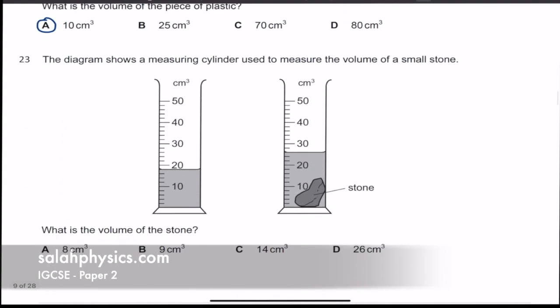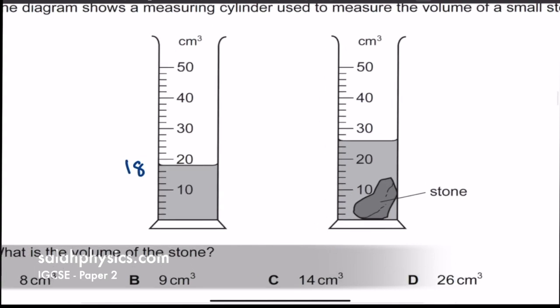In question 23, the diagram shows a measuring cylinder used to measure the volume of a small stone. What's the volume of the stone? It's so clear, the difference between them. So the reading here is 18. I have 5 divisions between 10 and 20, so each division represents 2.